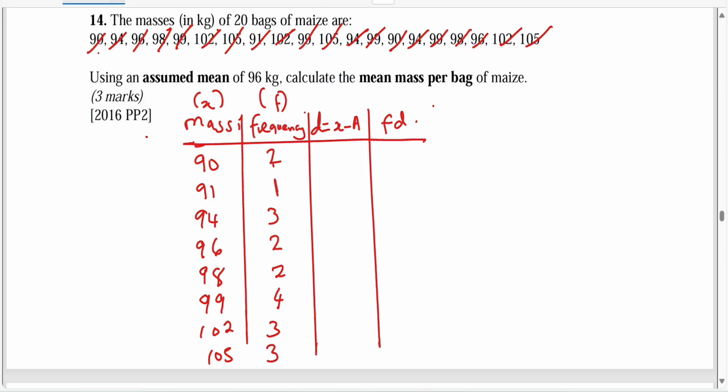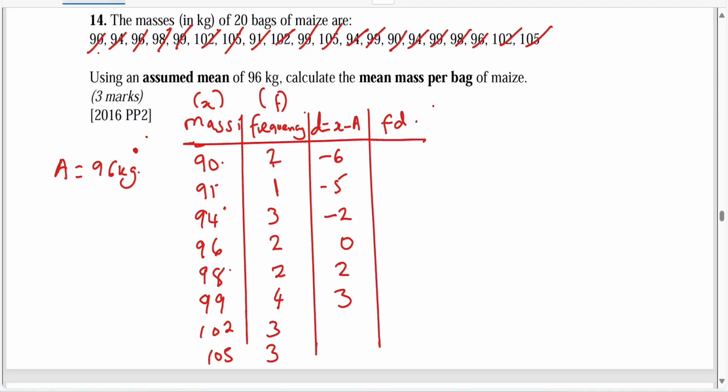I think up to there we understand each other. You've been told your assumed mean is 96. So we need to find D, the deviation from the assumed mean, which is given by X minus A. 90 minus 96 gives you negative 6. 91 minus 96 gives you negative 5. 94 minus 96 gives you negative 2. 96 minus 96 gives you 0. 98 minus 96 gives you 2. 99 minus 96 gives you 3. 102 minus 96 gives you 6.